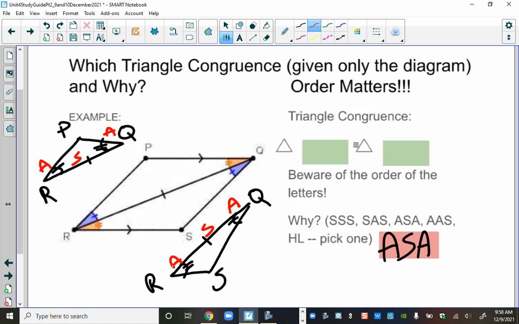Now, how are we going to set up our triangle congruence? For the first triangle, does it matter the order we use for the letters? No. So, the first triangle right here, we'll say this is triangle number 1.